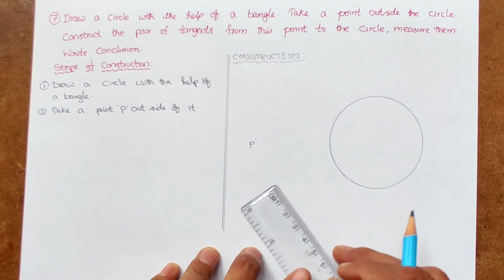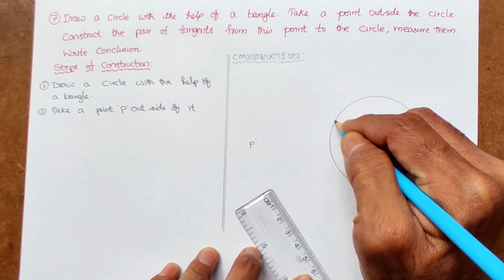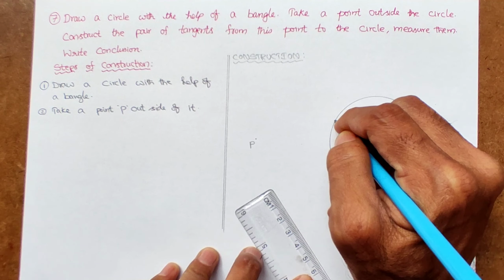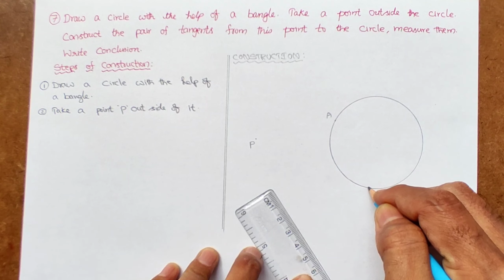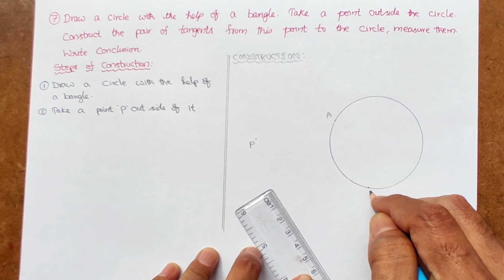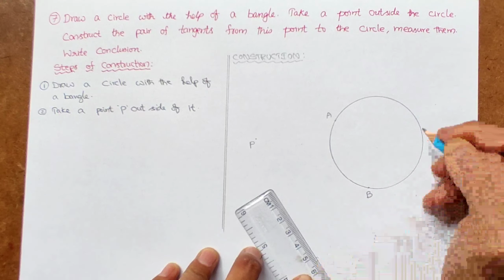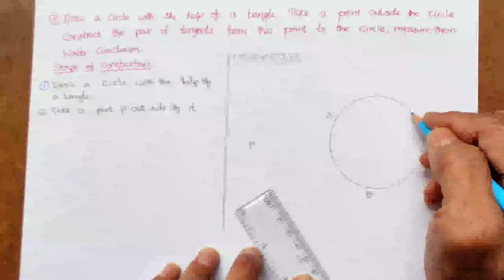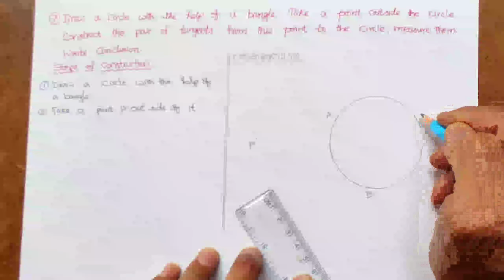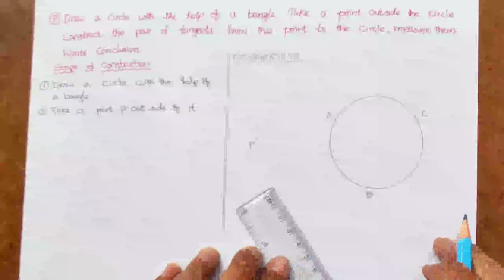Let us draw two chords, for which here I select one point, that is called A, on the circumference, and here I am selecting another point, this as B, and here I am taking somewhere, anywhere we can take it, that is C.